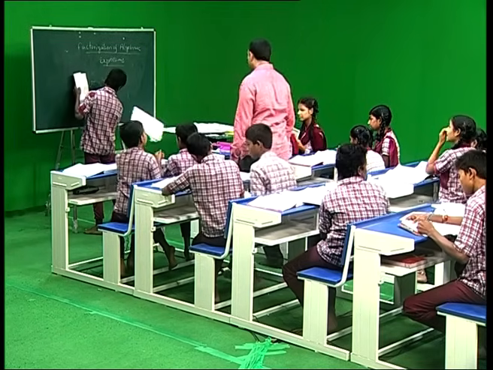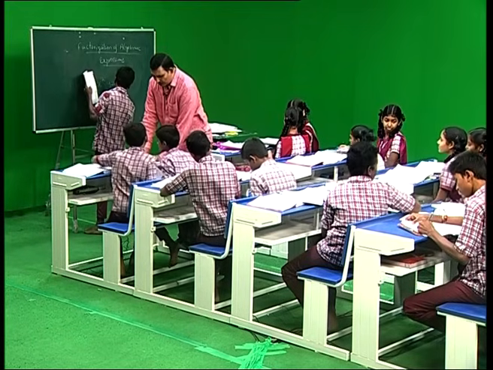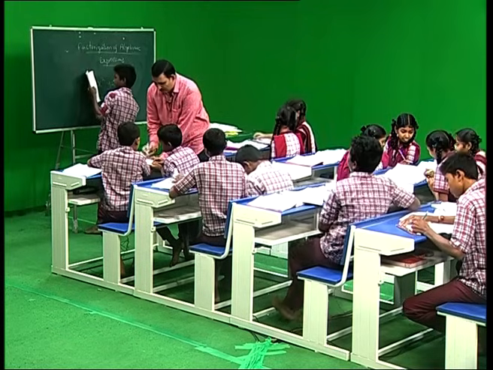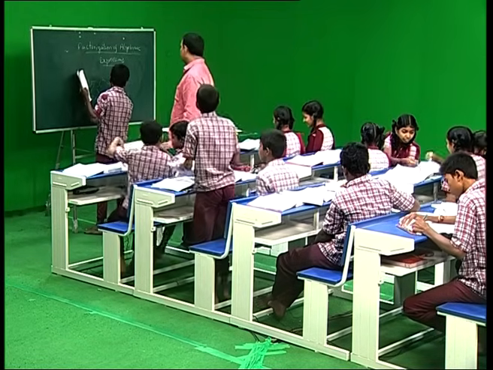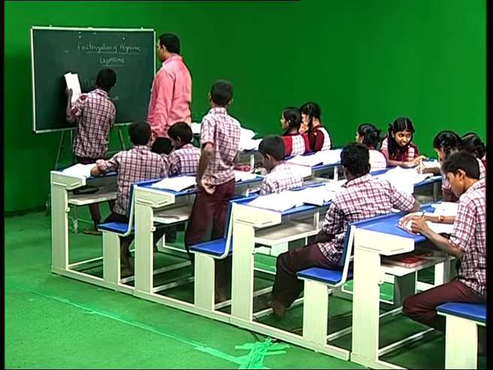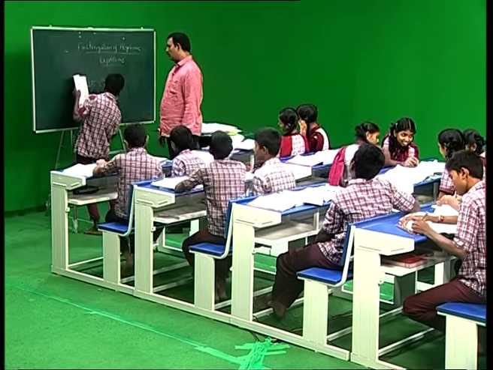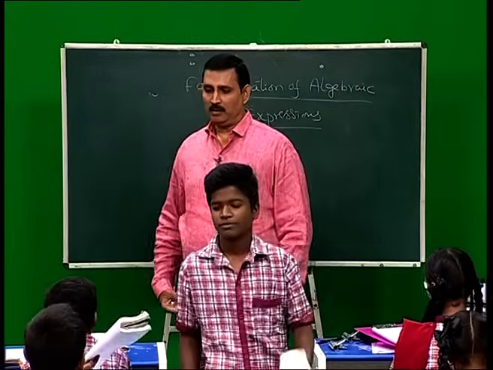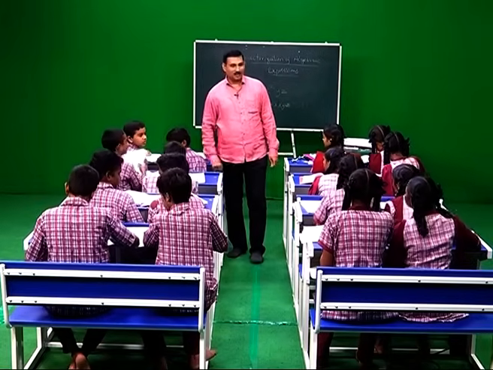Good, correct. 3 into 5 into x into y square, you can split it further. Yes, he is correct. This is y into y. Okay. This 25. Good. 2 into 5. Good.